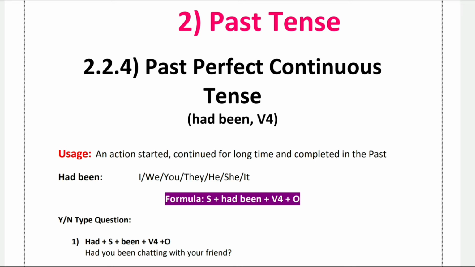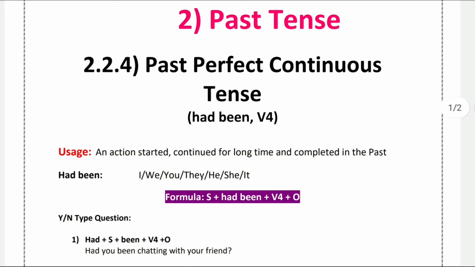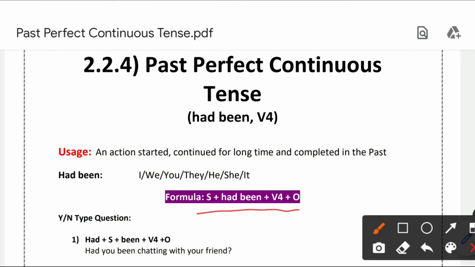Then let's learn the formula of simple sentence. We have to learn the formula for four kinds of sentences: simple sentence, that means positive sentence, negative sentence, yes no type question, and WH question. So first is simple sentence or positive sentence, that is subject plus had been plus V4 plus object.